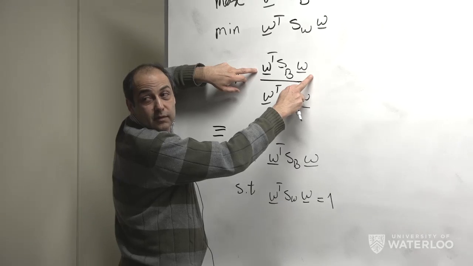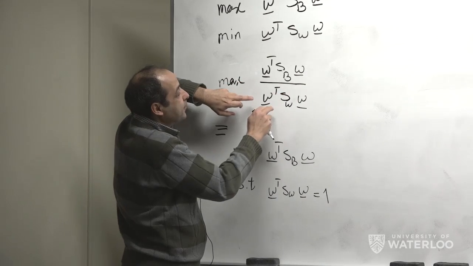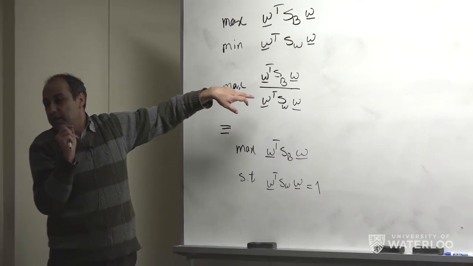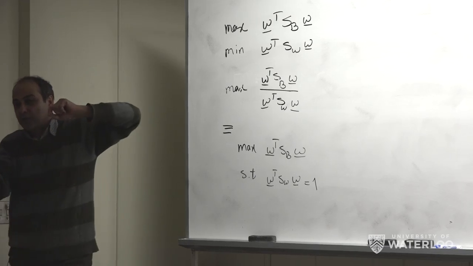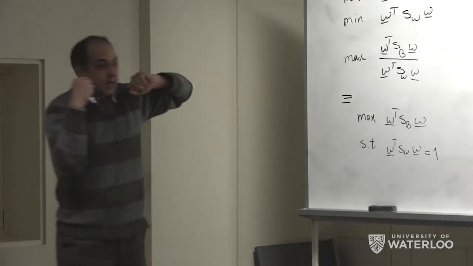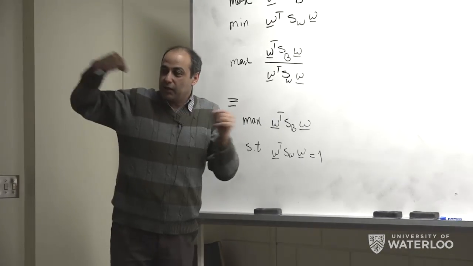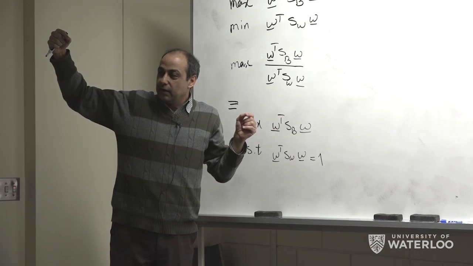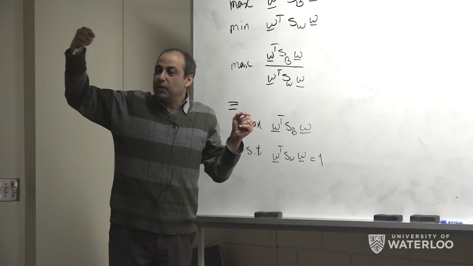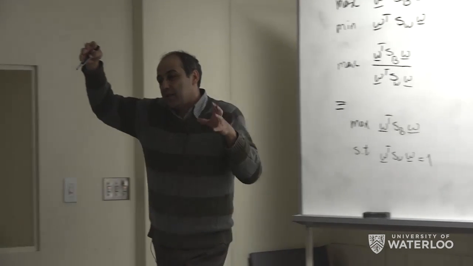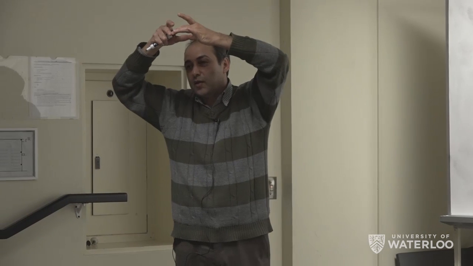Similar to what we had in PCA, don't forget that W is a vector, and I can make it as large as I like. So similar to the problem that we had there, we need to put a constraint to make the problem well defined.